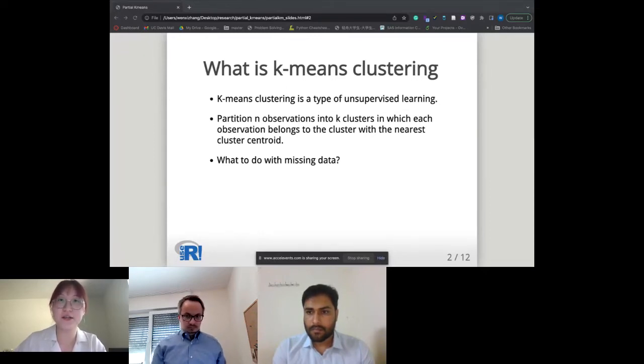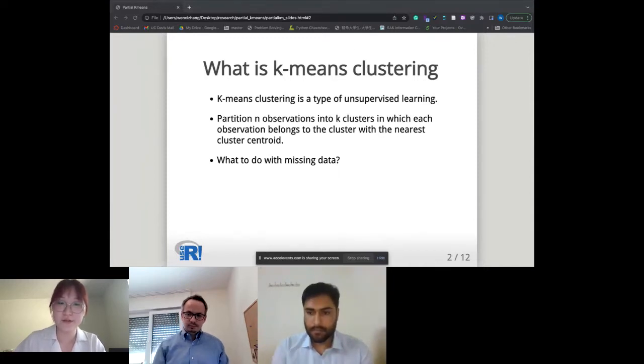The basic idea is that we partition all the observations into k clusters. We create the clusters by placing k points, the centroids, inside the feature space. And each point in the dataset is assigned to the cluster of whichever centroid is closest to it.